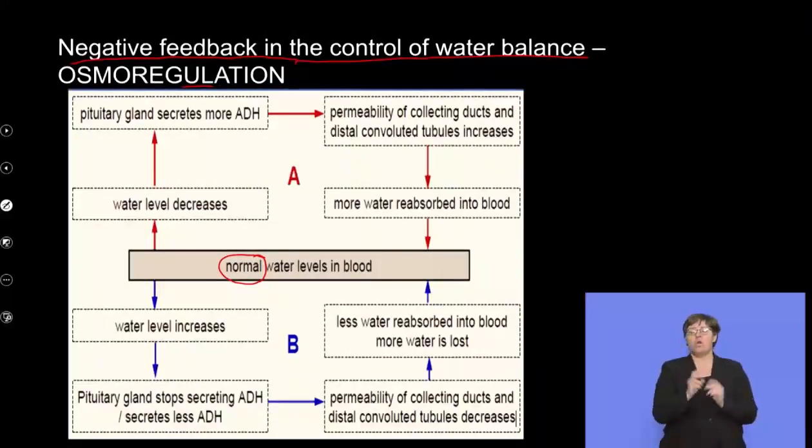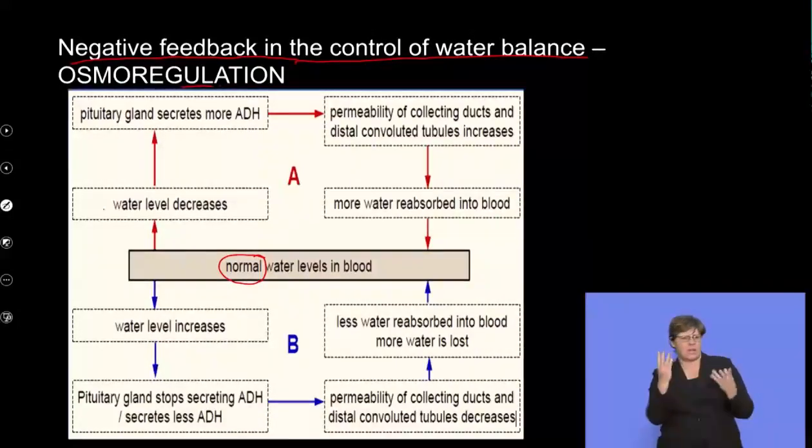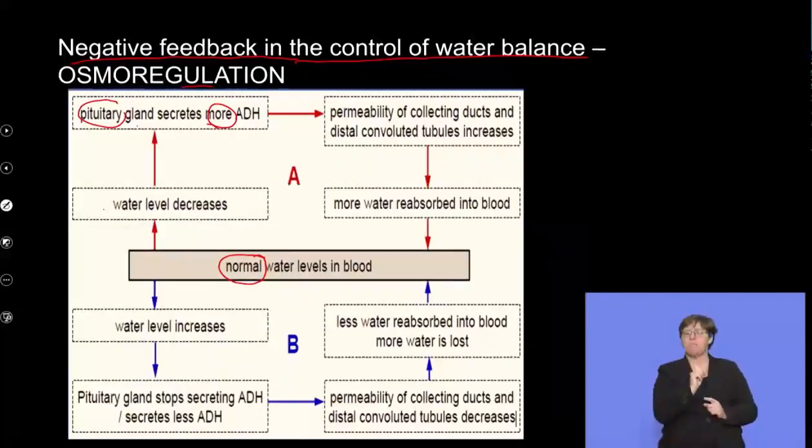So, let's look at this one. The water level now decreases. A detection has taken place. There's a low water level. The pituitary gland here will secrete more because we've got less water in our system. Then the pituitary gland will act. How? It will produce more ADH. Then what will happen?